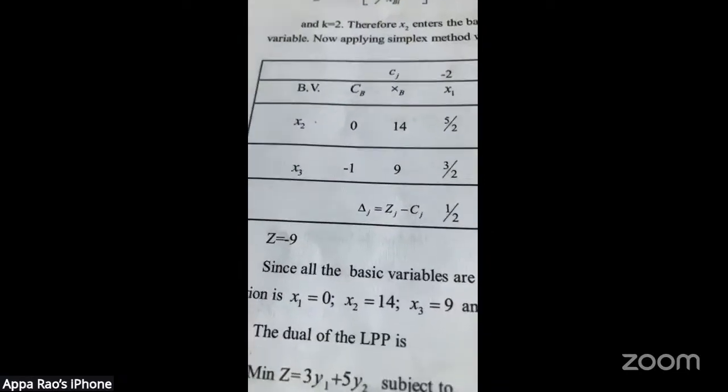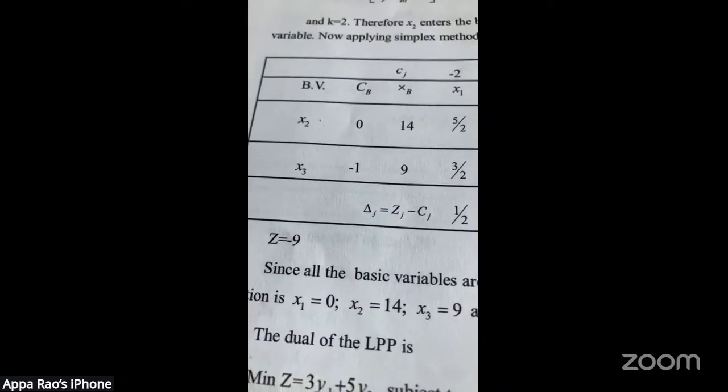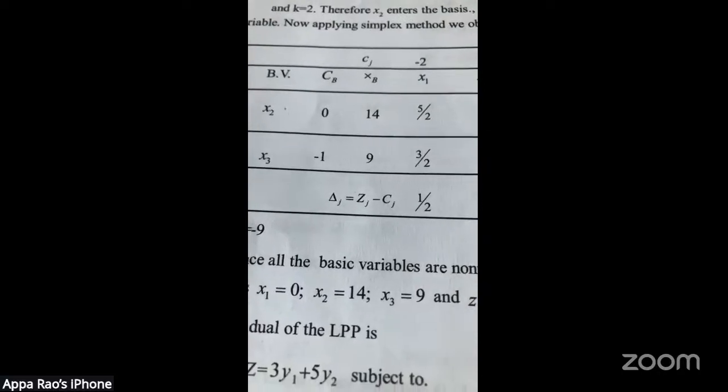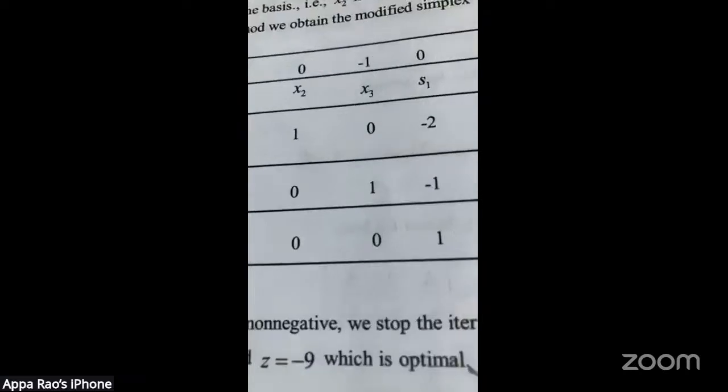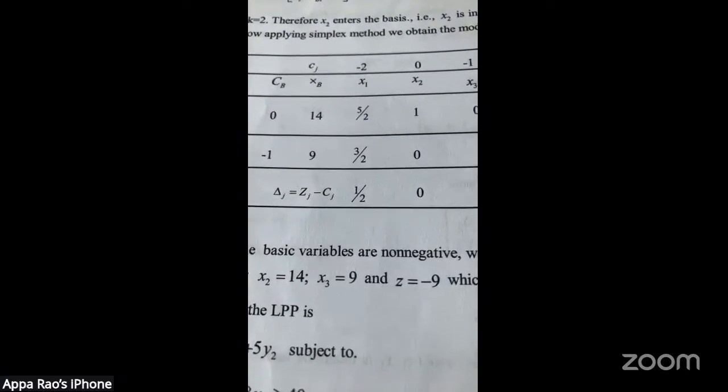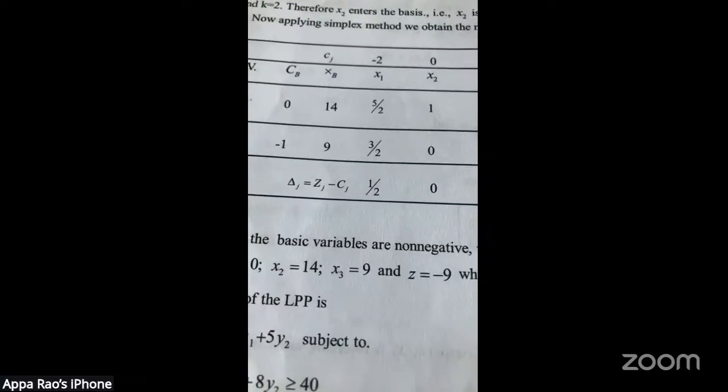Basic variables x2, x3, cost 0, minus 1, cj minus 2, 0, minus 1, 0, 0, cb cost of basic variables 0, minus 1.